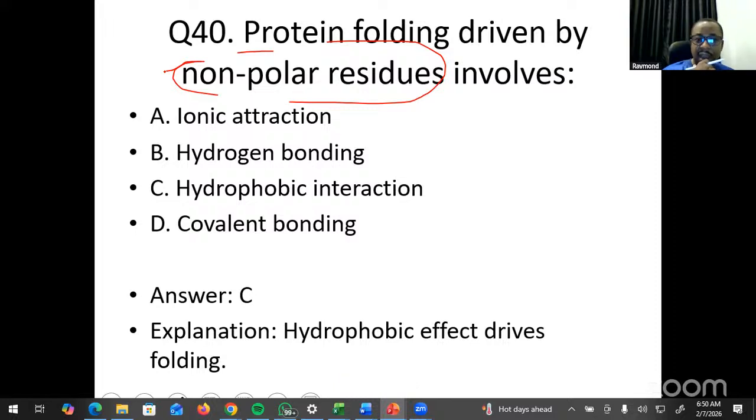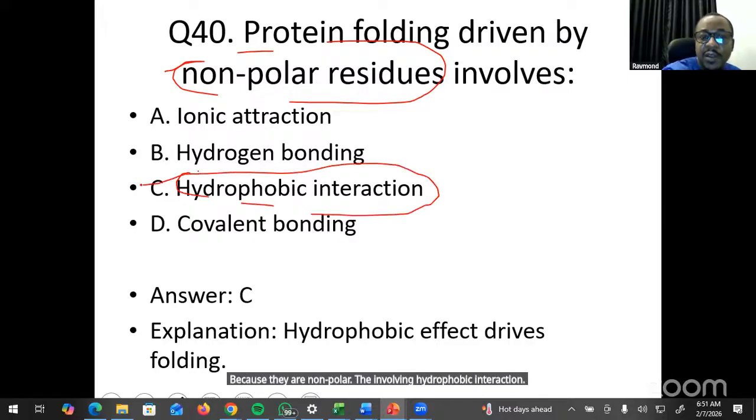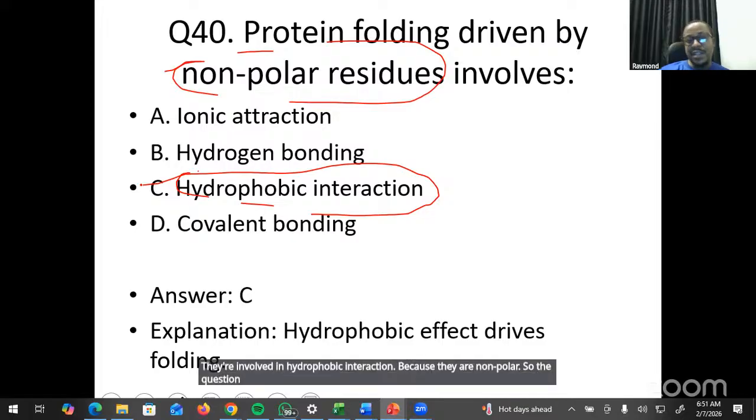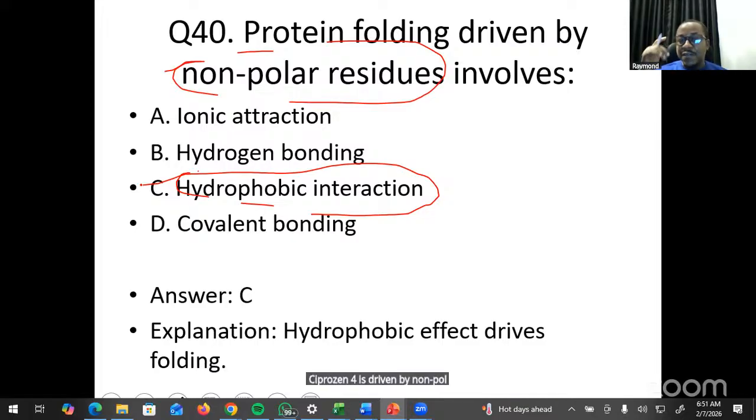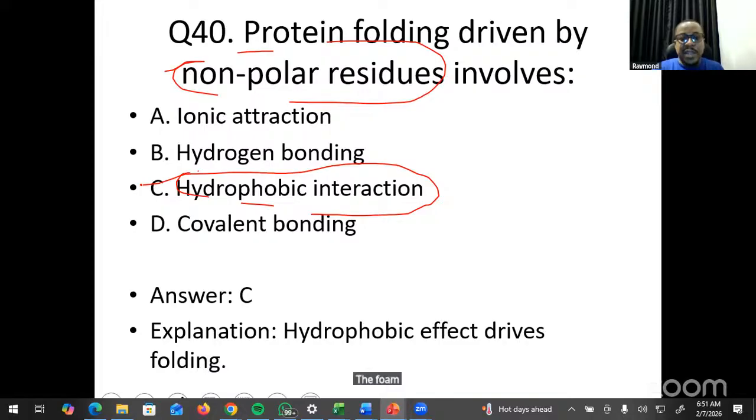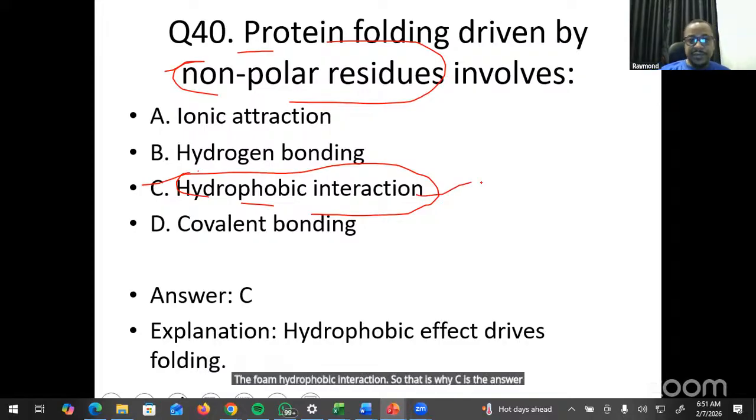Because they are non-polar, they are involved in hydrophobic interaction. So the question is already telling you the answer. Non-polar residues will not like water. They will form hydrophobic interaction. So that is why C is the answer.